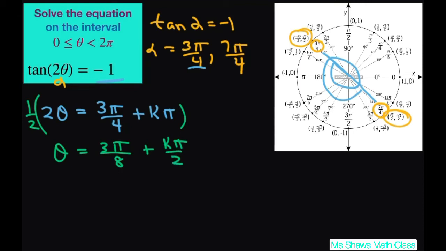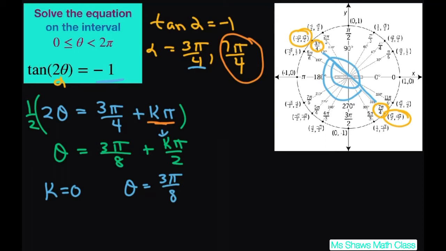Now, this is going to include the other solution because it repeats every pi, so we don't have to write that one down. If k is 0, you'll put a 0 in here, and you're going to get theta equals 3 pi divided by 8.